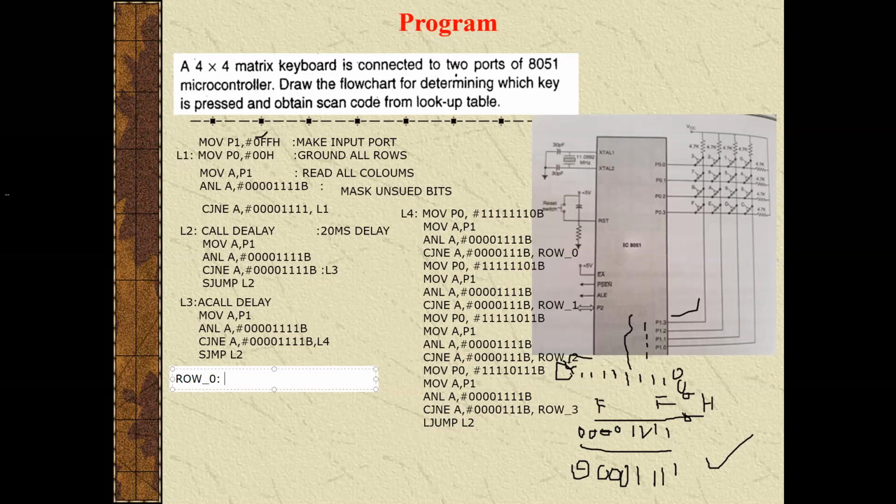There will happen MOV DPTR, #, equals 0. I will write all the code, then I will explain here.